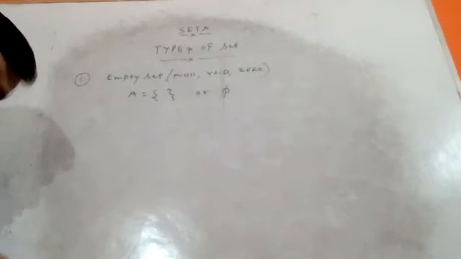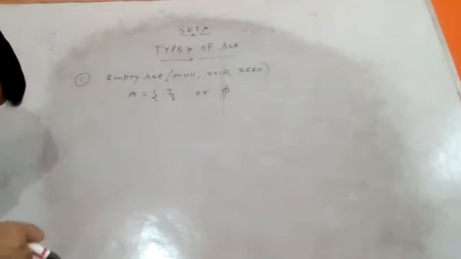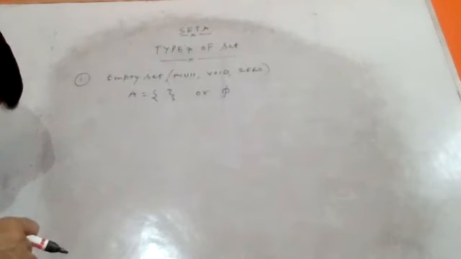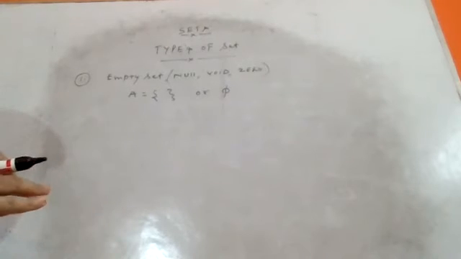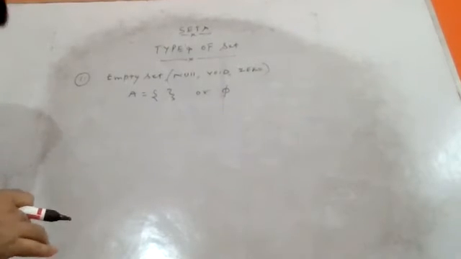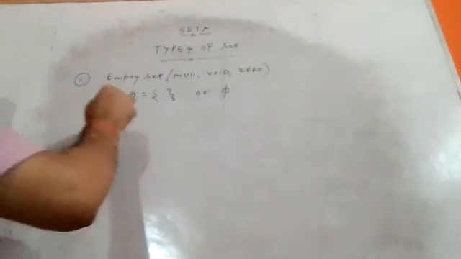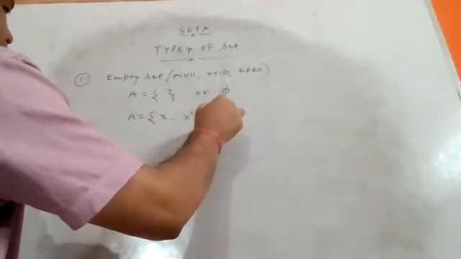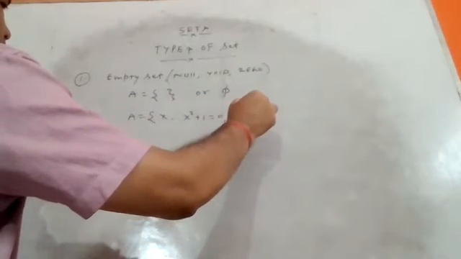A set which does not contain any element is called empty set or null set or void set. Or you can say the set which doesn't satisfy your condition. For example, if we write x such that x square plus 1 equal to 0, where x belongs to the set of natural numbers.